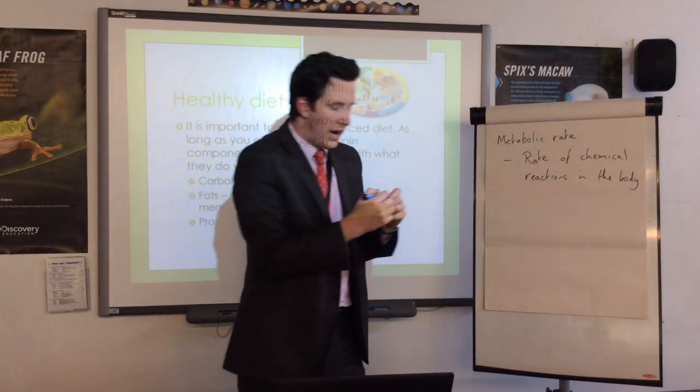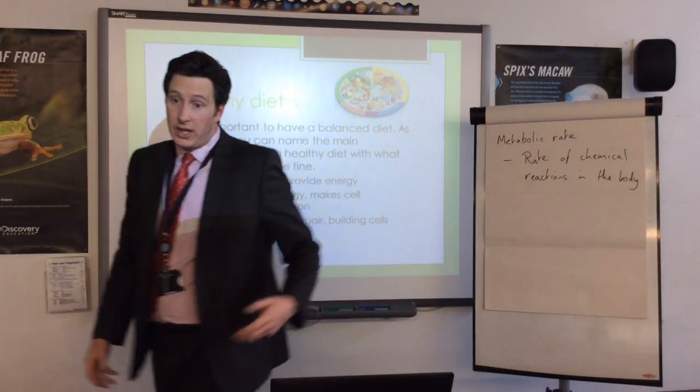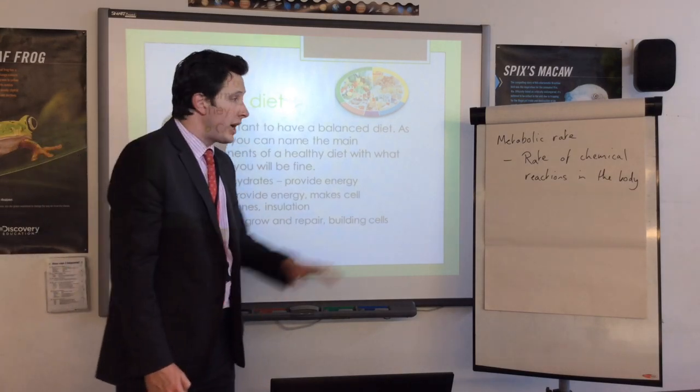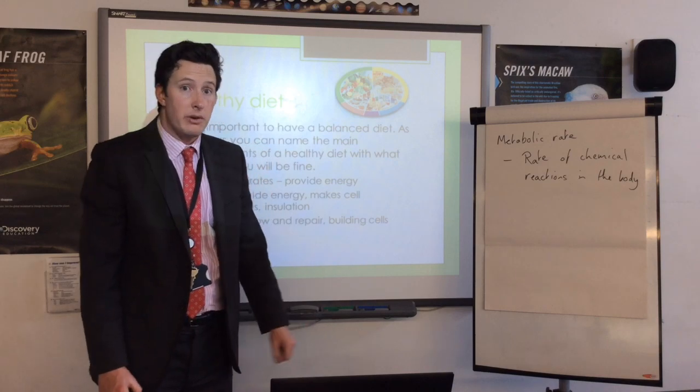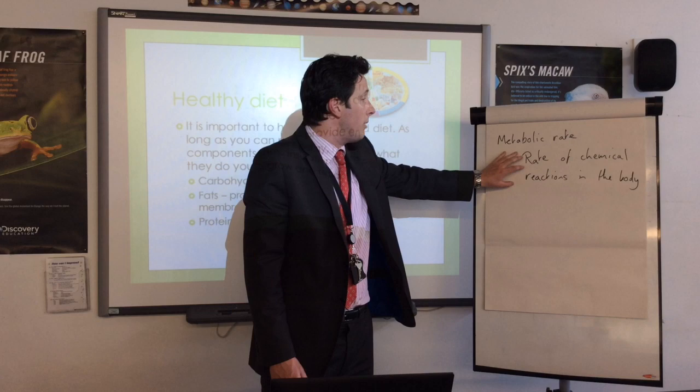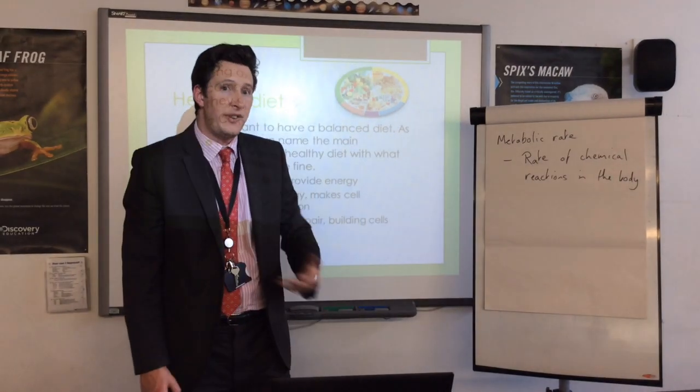Okay, rate of chemical reactions in the body. Particularly respiration, so burning your food, but could be any of them. Okay, and you can inherit it from your parents. It is affected by your age, by your gender, and it's also affected by how much muscle to fat ratio you've got.